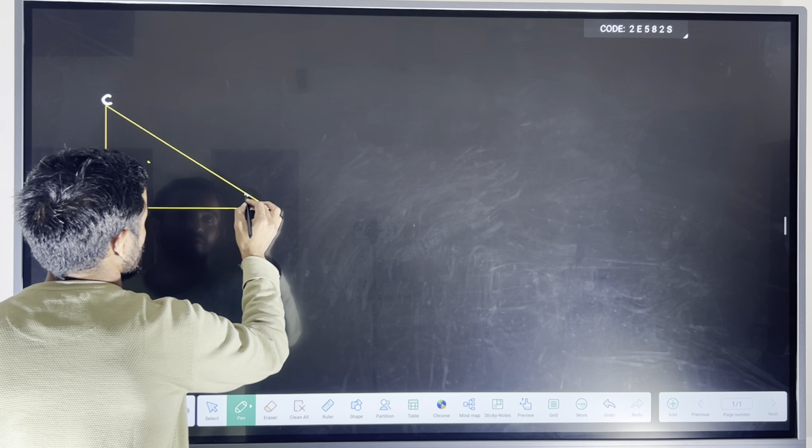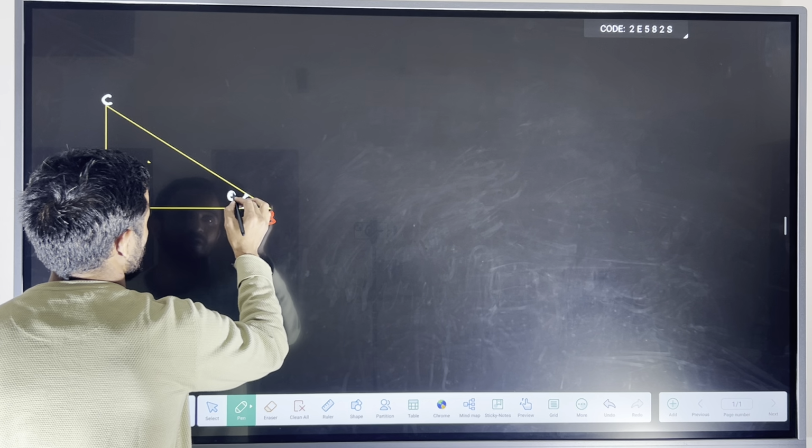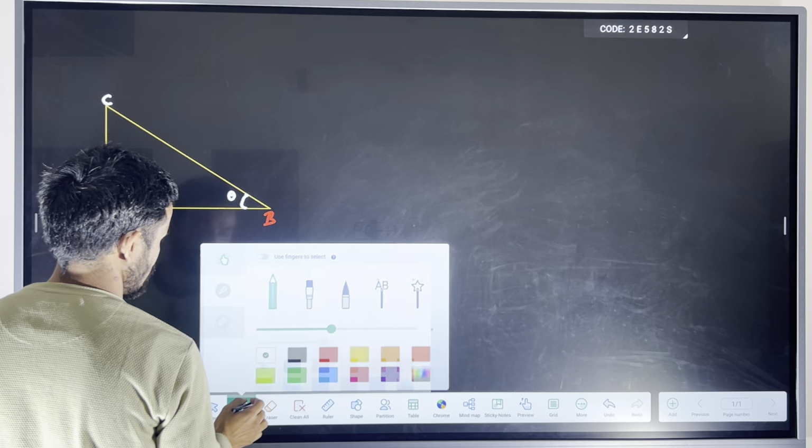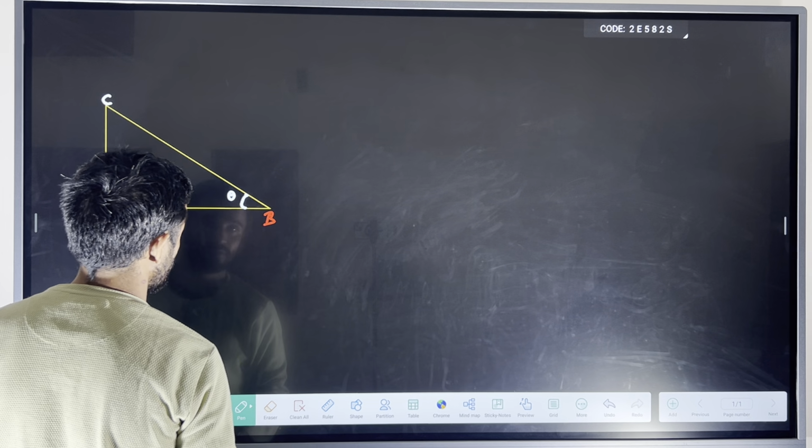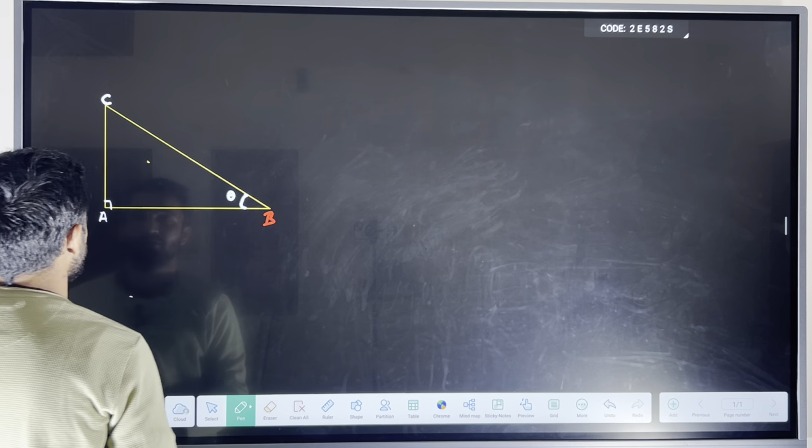And if we consider this angle as theta, then we have six trigonometrical ratios.